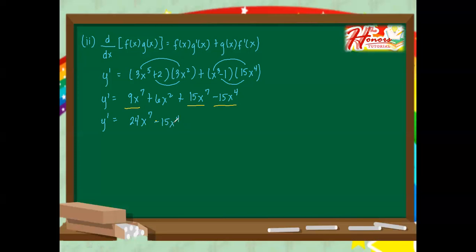So we cannot combine it with any term here. Next, it is the same with positive 6x squared. We will just copy it since we don't have any partner for 6x squared. So now, y prime is equal to 24x raised to 7 minus 15x raised to 4 plus 6x squared.